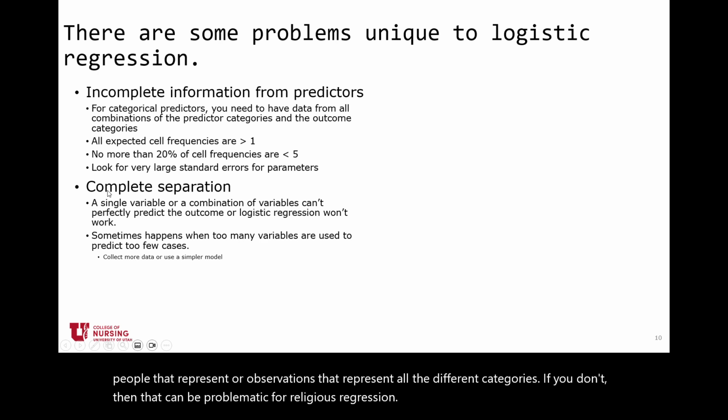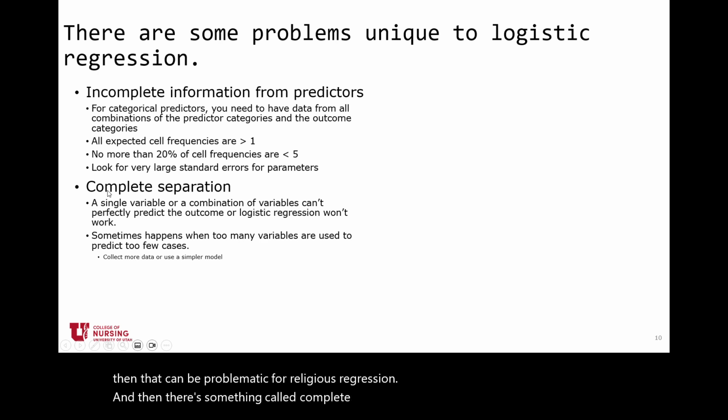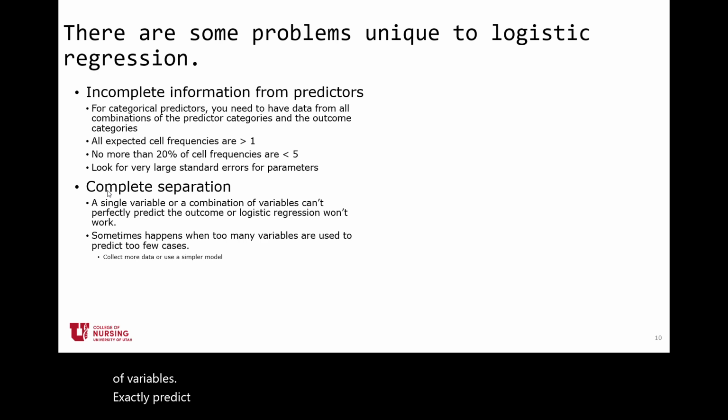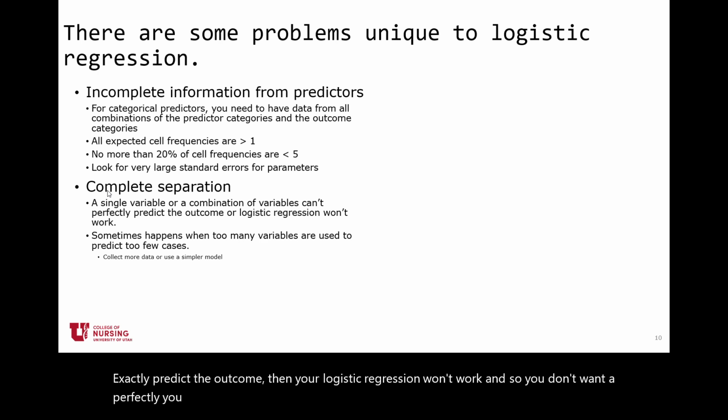And then there's something called complete separation. If a single variable or a combination of variables exactly predicts the outcome, then your logistic regression won't work. You don't want a single variable or a combination of variables that perfectly predicts your outcome.